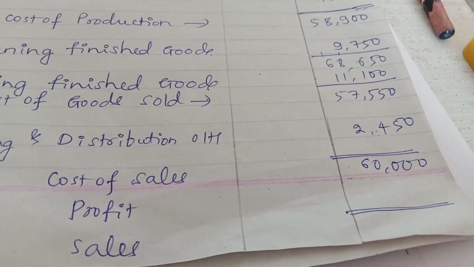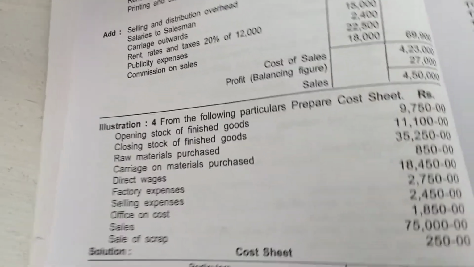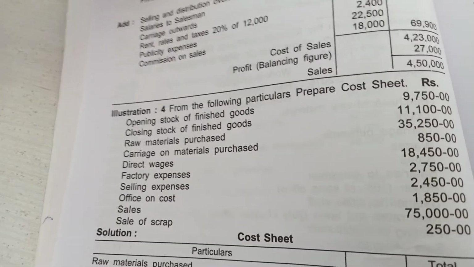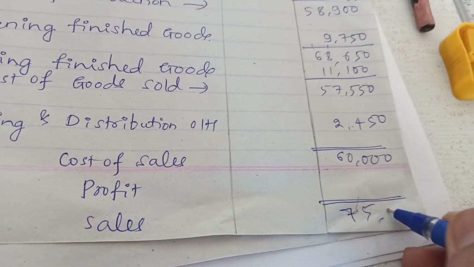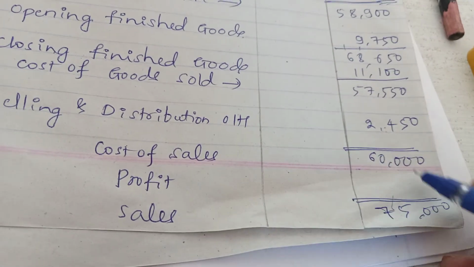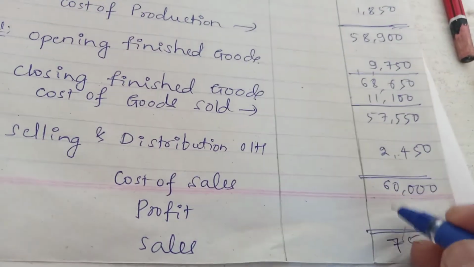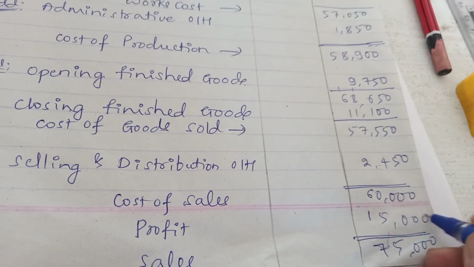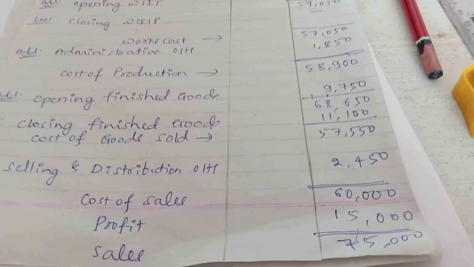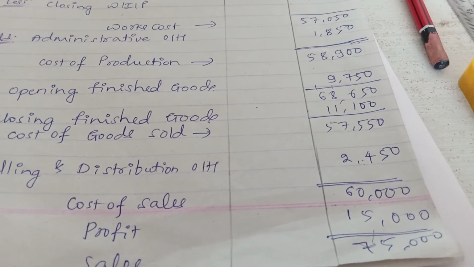For that we need the amount of the sales. Go through the problem where the sales have been given. It is the last but one item. Sales amounted to rupees 75,000. The difference between 75,000 and 60,000 will be 15,000. That is nothing but the profit. Profit amounted to rupees 15,000.